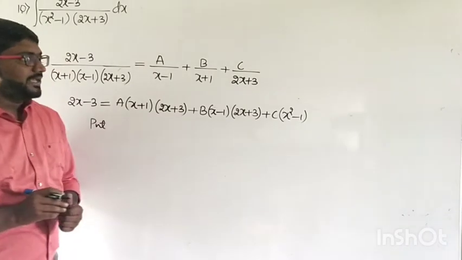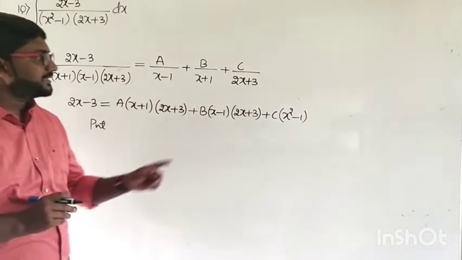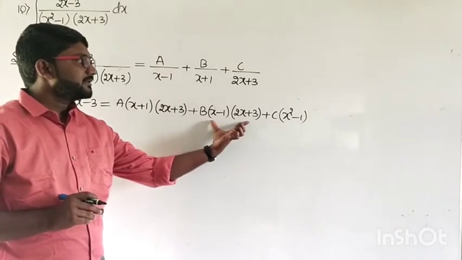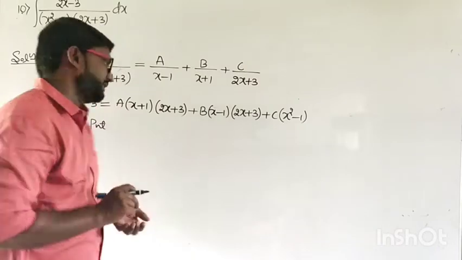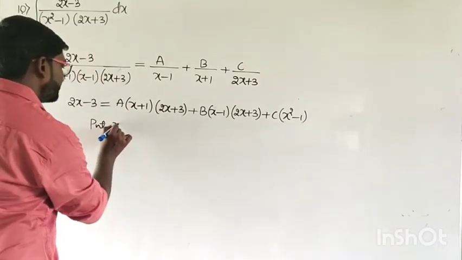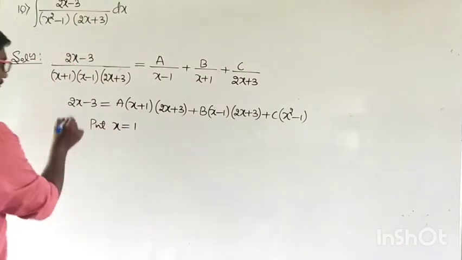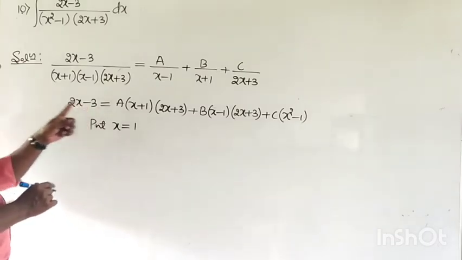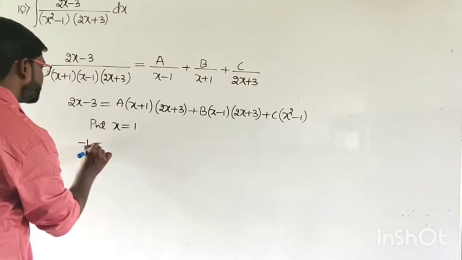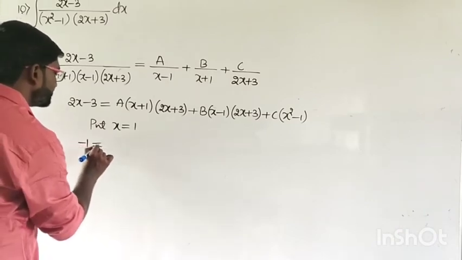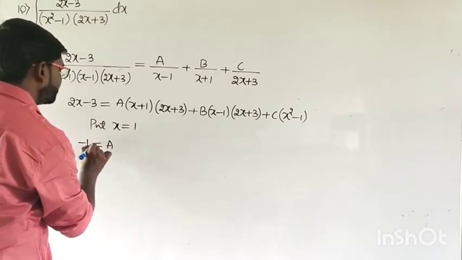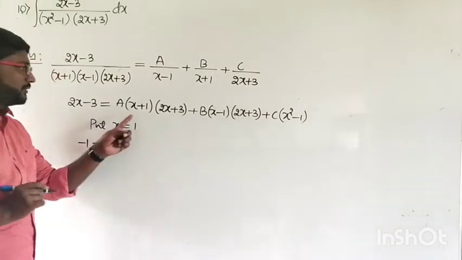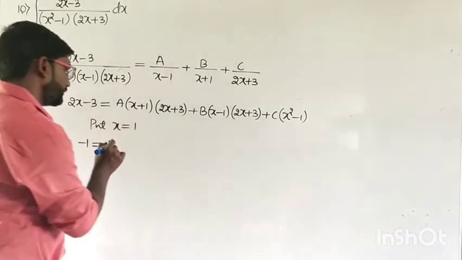So put x is equal to 1. If you take x as 1, this term becomes 0 and this term becomes 0. So here if you put x as 1, 2 into 1 it is 2. 2 minus 3 it is minus 1, which is equal to A. Then here 1 plus 1, it is 2.